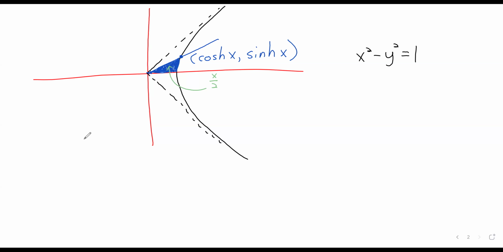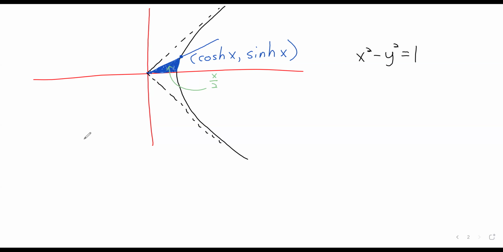So we're using areas instead of angles to define the hyperbolic sine and the hyperbolic cosine, and we're not using the area you might expect. To define the cosh of x and the sinh of x, we create a region whose area is not x, whose area is x over 2.